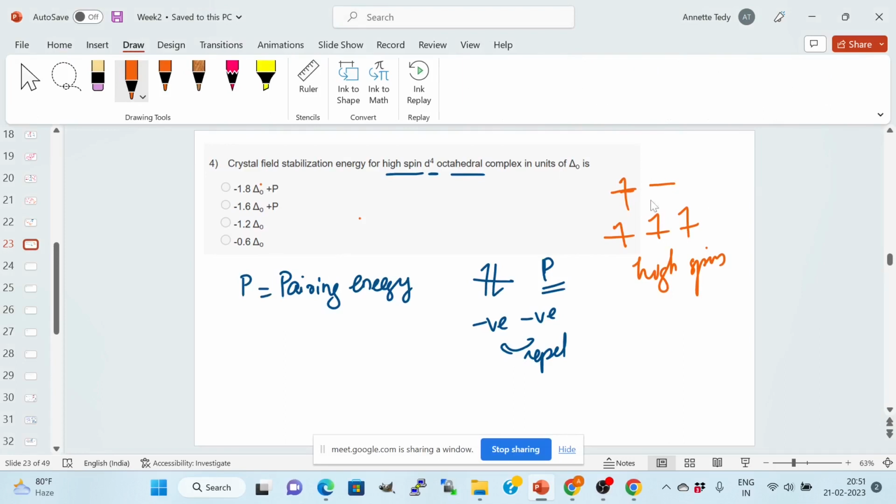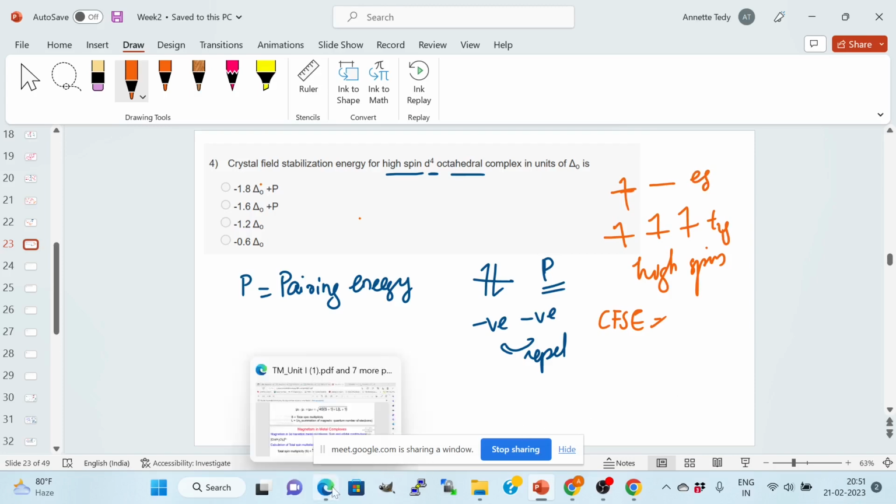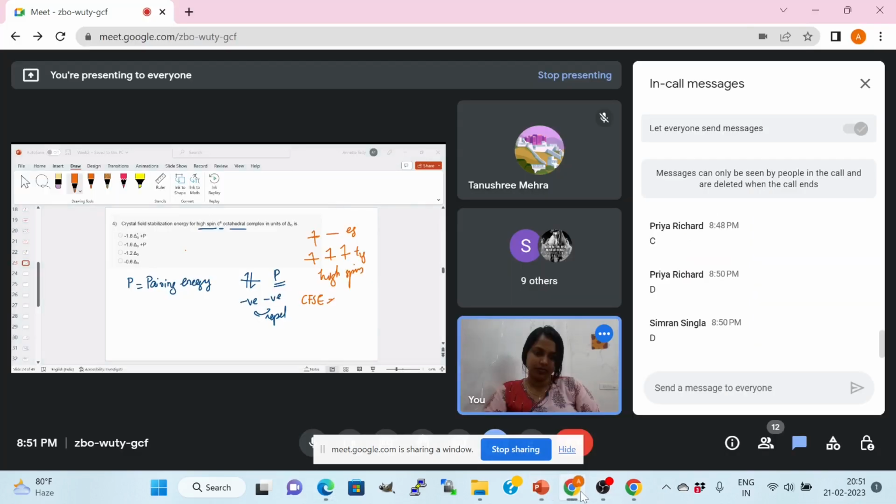So first we will calculate the crystal field stabilization energy for this configuration. What is the CFSE for this? This is t2g3 eg1. Can you put it in the chat box?